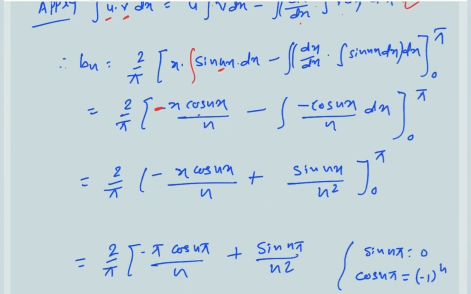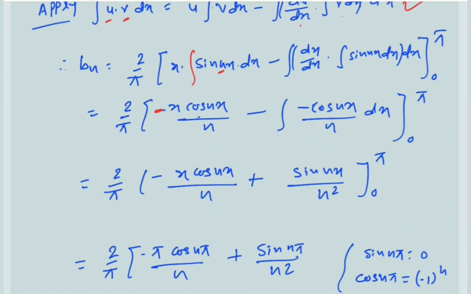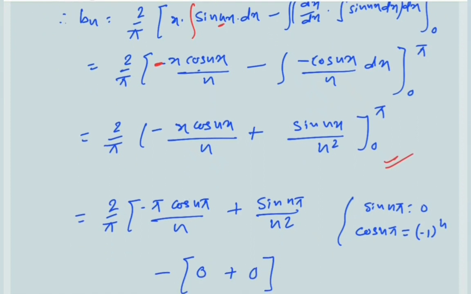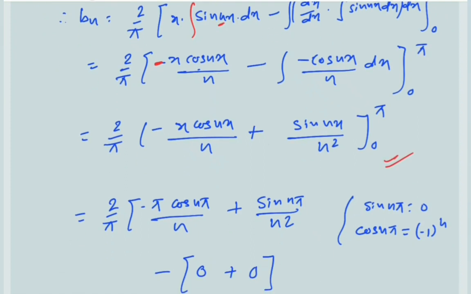The interval is 0 to pi. So we'll manipulate this again. This value is as it is, and the integration of cos nx is sin nx by n, so it will be n square, and the minus minus will give plus. Integral from 0 to pi.